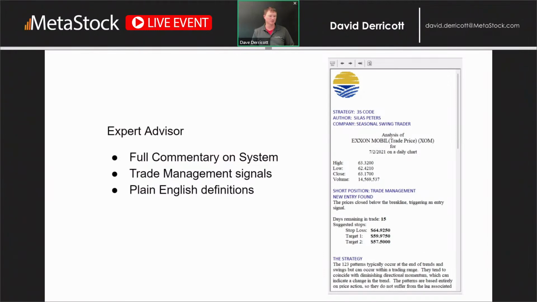A lot of people like to do limit orders, so if it hits a specific price point, that's when you would put yourself into the trade. It just really helps you understand and manage your trades and understand the system. And when you use the trade management scan, that part of the commentary window is going to automatically be displayed in each chart.